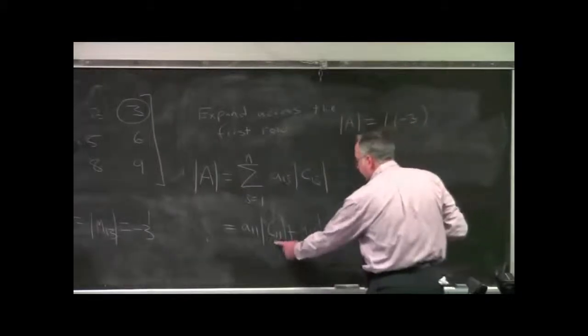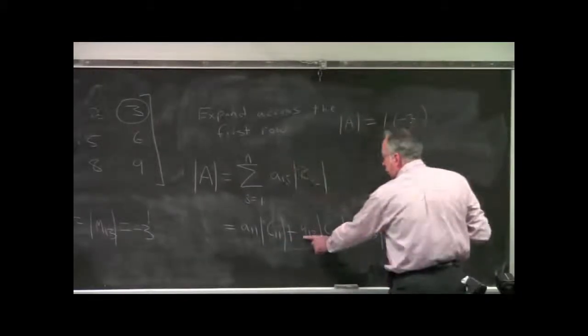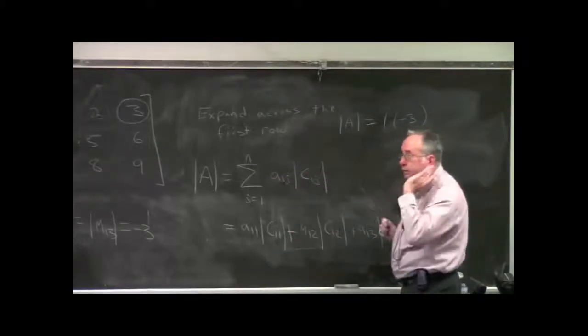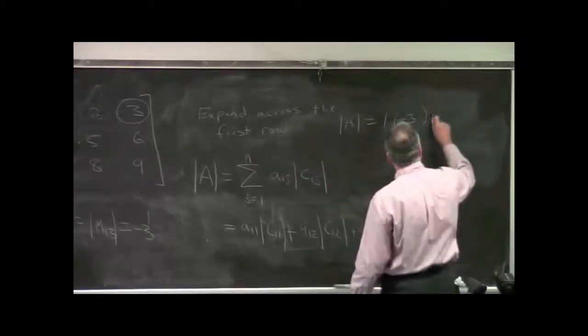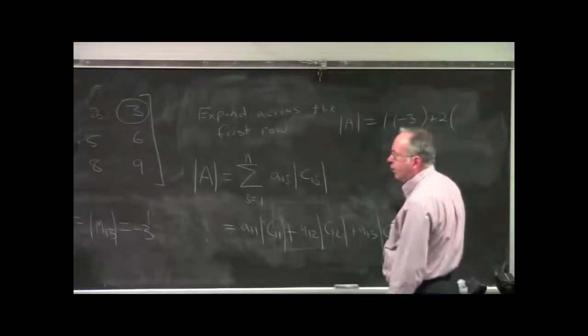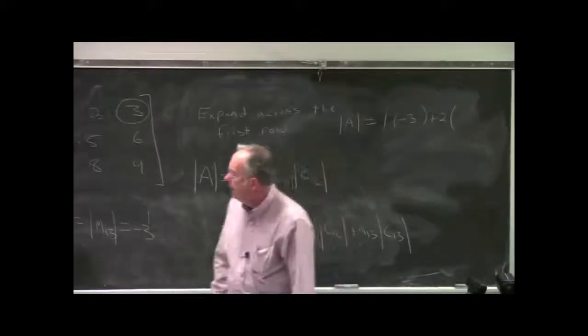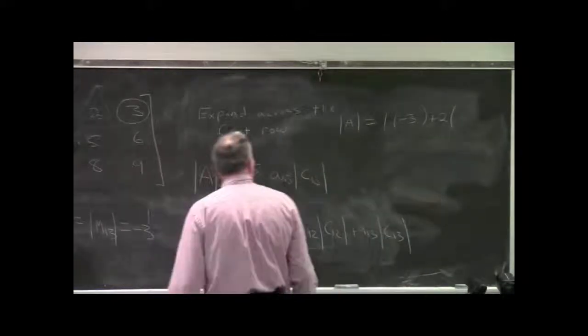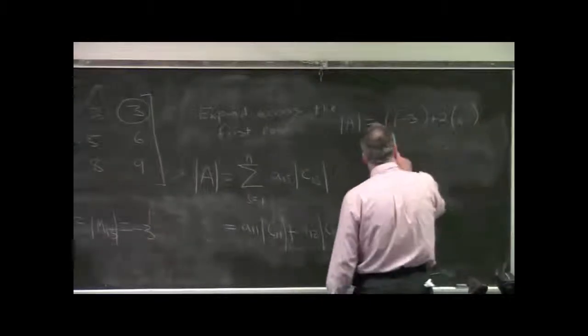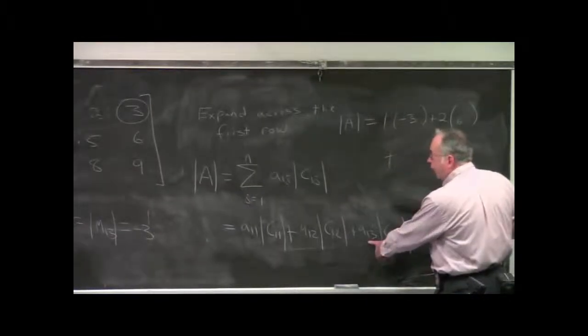That's C11. Plus A12. A12 is what? 2. Times this cofactor, C12. And C12 is what? It is 6. Plus A13.